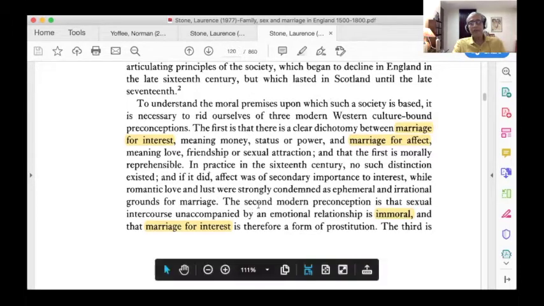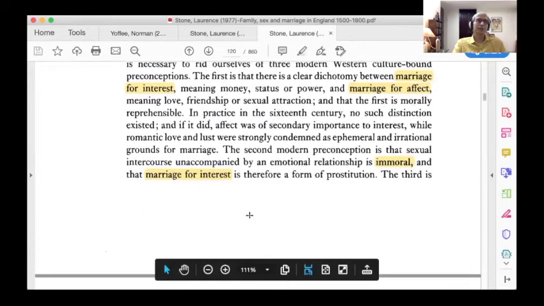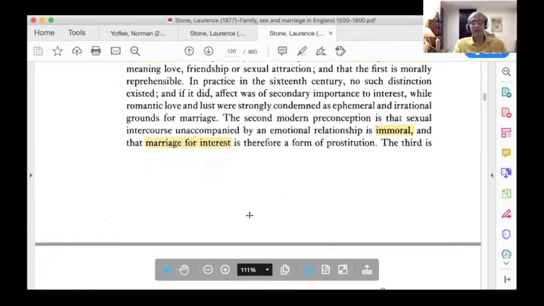And the second modern preconception, he says, is that sexual intercourse unaccompanied by an emotional relationship is immoral, and that marriage for interest is therefore a form of prostitution, right? So this is a way that one might understand the exchange of women for interests alone, for familial interests alone, as a form of prostitution, right?